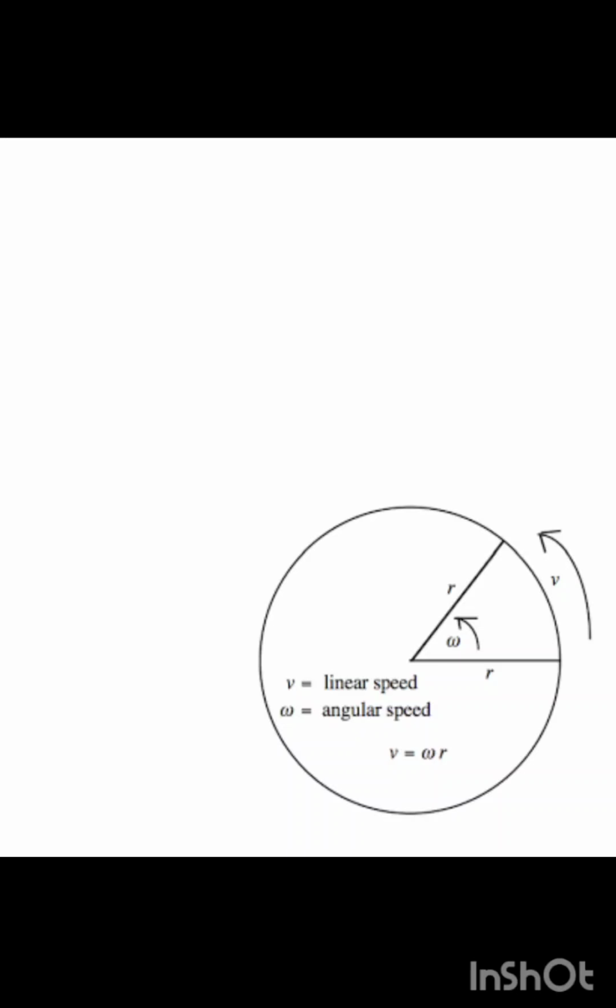While moving in the circular path, v is the linear velocity or the linear speed of the object, whereas omega is the angular speed of the object. The relation between the linear speed and the angular speed is given by v equals omega r. So from here we can see that the angular speed depends upon the radius of the circle.